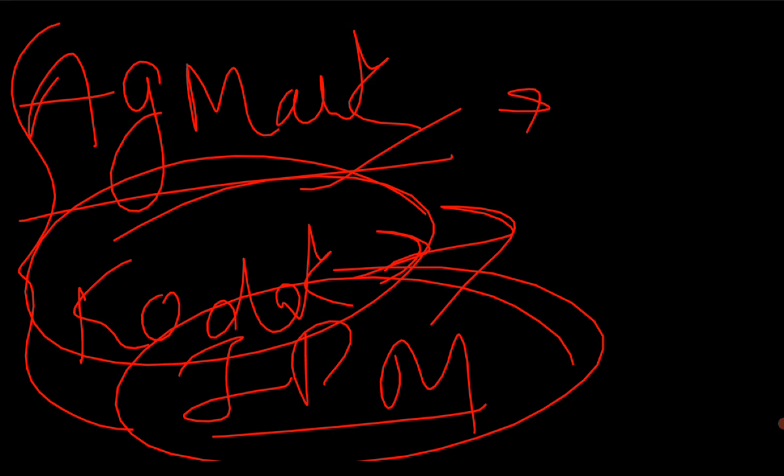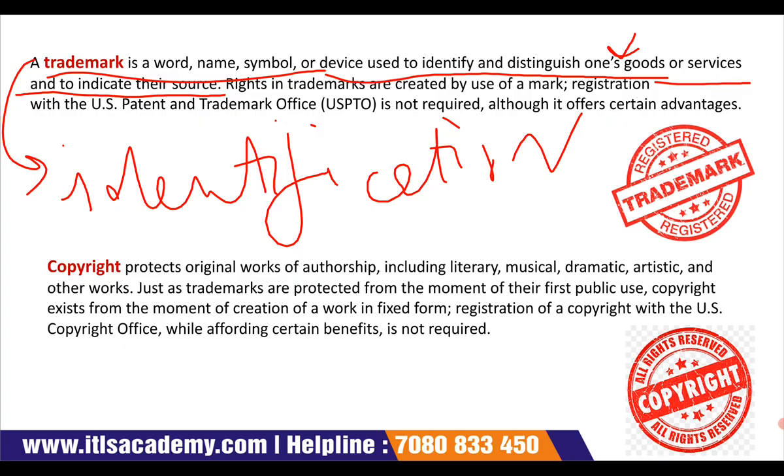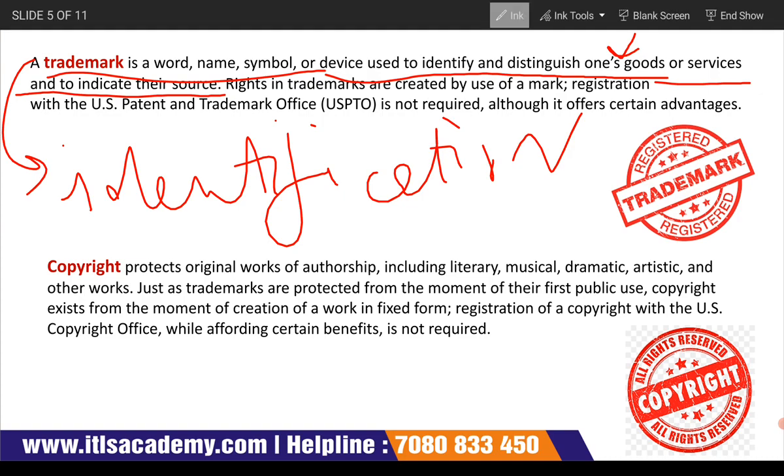So this is a symbol of the trademarks. Now moving to copyright, what do you understand by copyright? As mentioned in the previous slide, whenever you are surfing the internet, watching any movie or listening to any song, you come across this term, copyright.